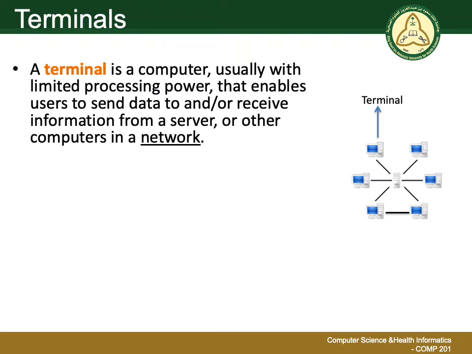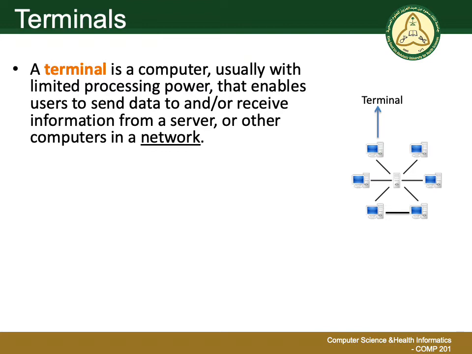التيرمينال هو أقل قدرة من الكمبيوتر العادي بسبب أن قوة الجهاز محدودة. The processing power is limited. The main purpose of this computer is to serve certain functions. For example, sometimes in a bank, if you go to a bank you will see clerks or employees using terminals.